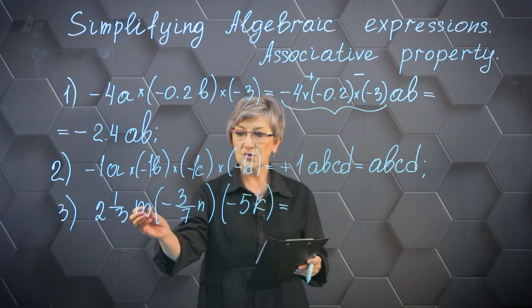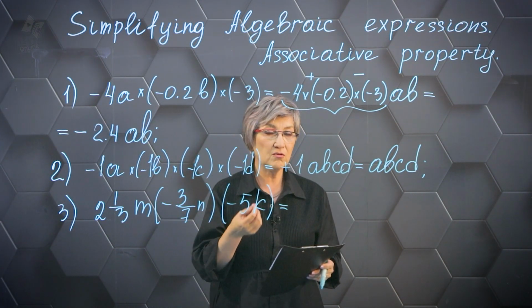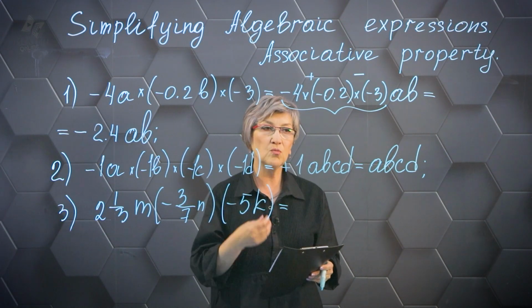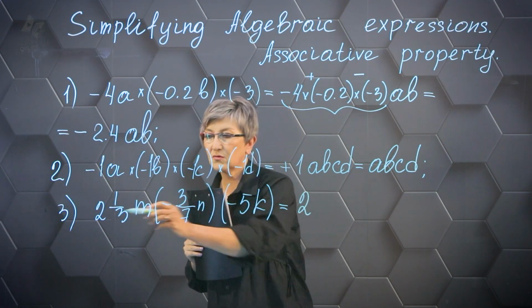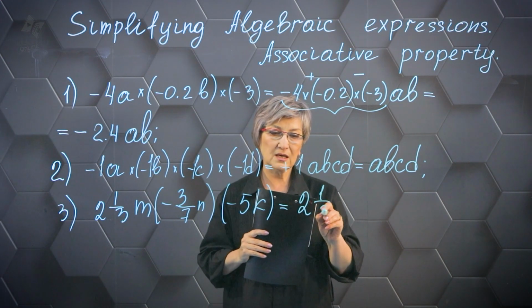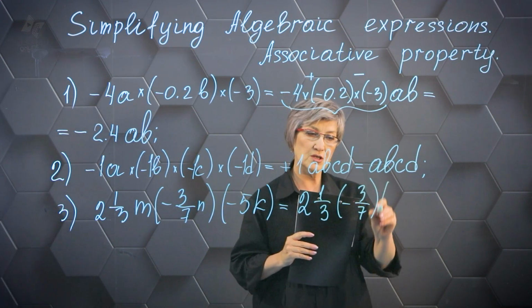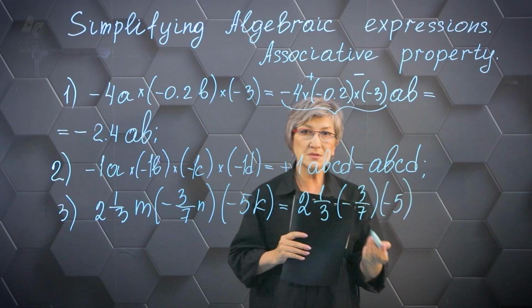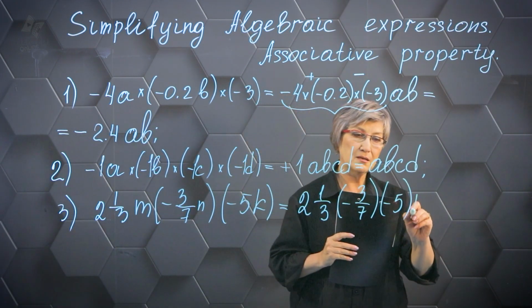Notice that there is no sign between the multipliers, but it is a sign to multiply. Therefore, I write down the numbers: 2 whole 1/3 multiply by minus 3/7 and multiply by minus 5, and then I write down the letter part of m, n, and k.